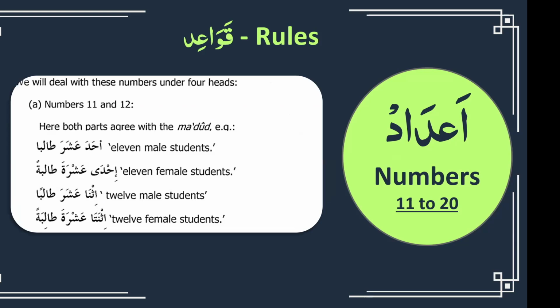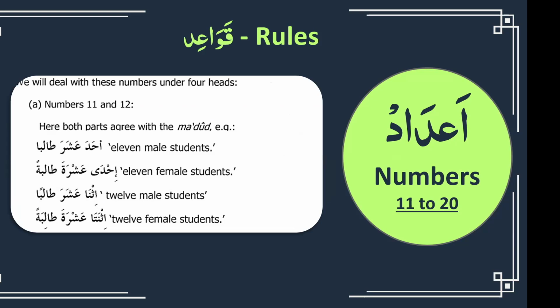Now, there are three different ways these numbers work. The grammar rules are three, from 11 to 20. There is a rule for 11 and 12, then a rule for 13 to 19, and then of course Ishrun, which is 20, has a separate rule by itself.